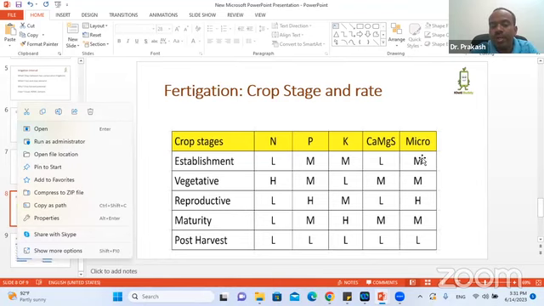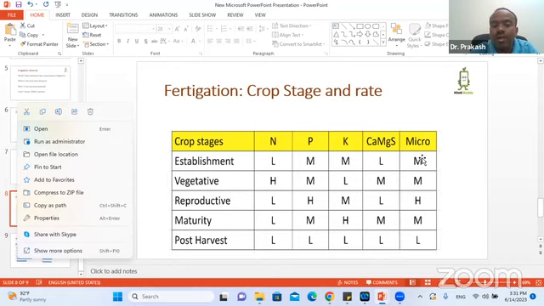Generally, we can apply the NPK ratio 0 50 34. It is water soluble and available in the market, along with the micronutrient Kiside DF, which we can use in this crop establishment stage. Then the vegetative stage.